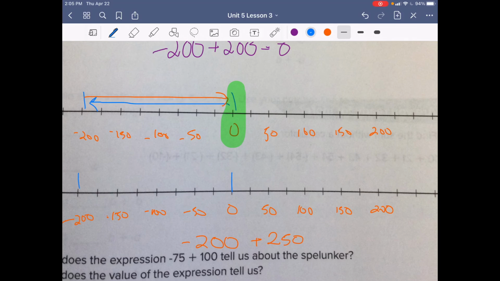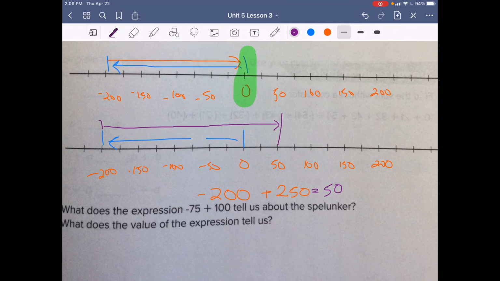We started here at negative 200, and then we had a change of going up 250. So we're going to count by 50s. 50, 100, 150, 200, 250. Oh, so our final elevation was positive 50.